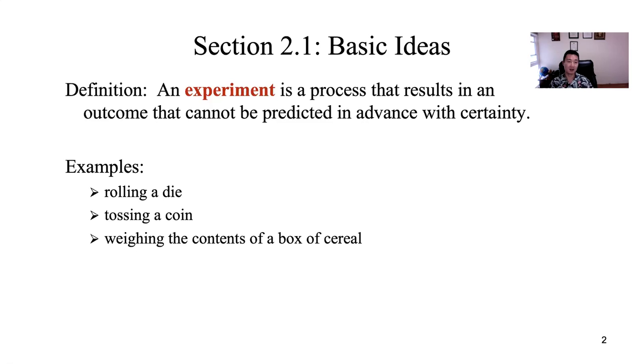Or the content of a box of cereal, that's the weight of the cereal in ounces. So these are examples of experiments. How we can get the probability for certain outcomes of this experiment.